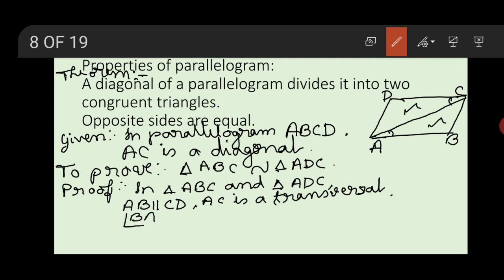Angle BAC is equal to angle DCA. And why are they equal? Because they are alternate interior angles.